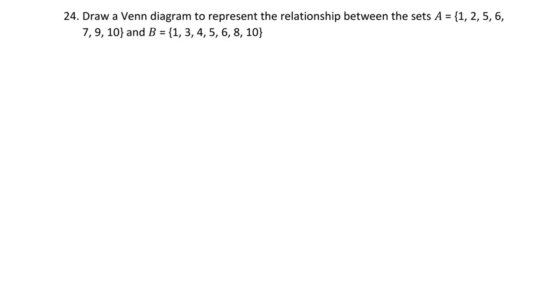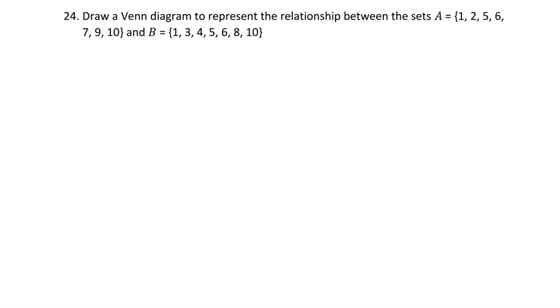Question number 24. Draw a Venn diagram to represent the relationship between the sets A, which equals 1, 2, 5, 6, 7, 9, 10, and B, having elements of 1, 3, 4, 5, 6, 8, and 10.